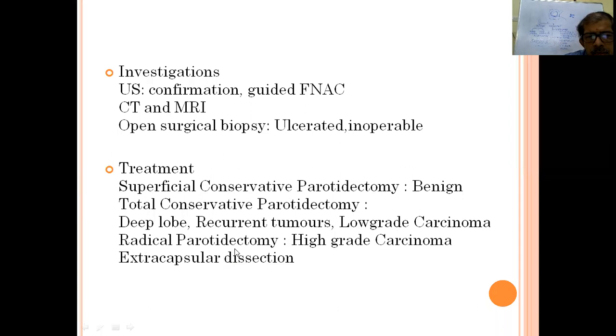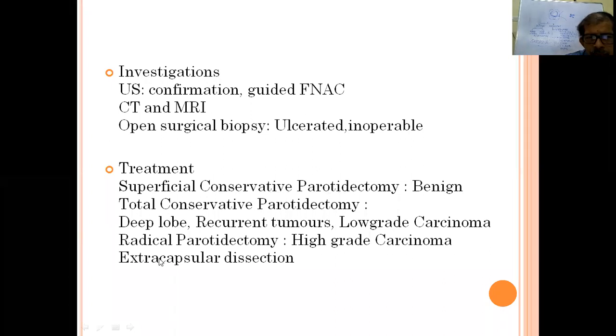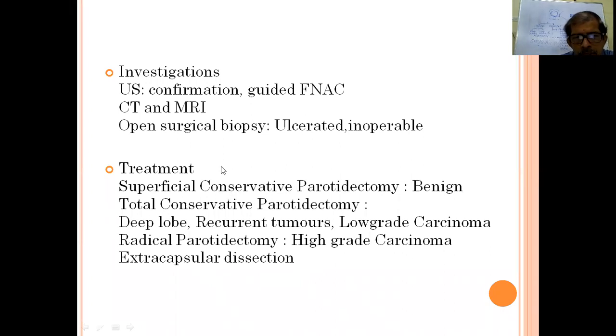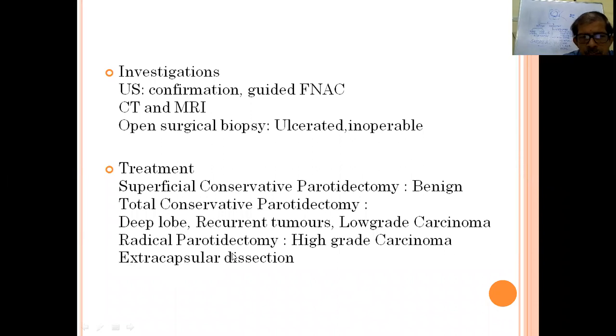Then there is, of late, instead of superficial conservative parotidectomy, what is called extracapsular dissection. So they are not doing a complete superficial conservative parotidectomy. It is extracapsular dissection where you will just see the nerve. You won't dissect the nerve also. This is done to prevent one complication.